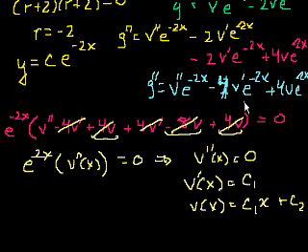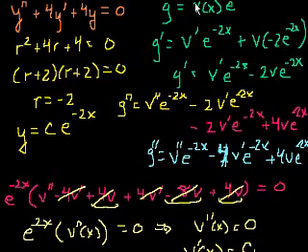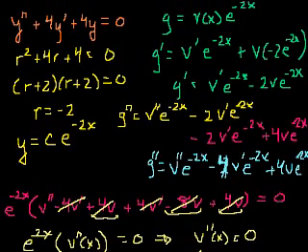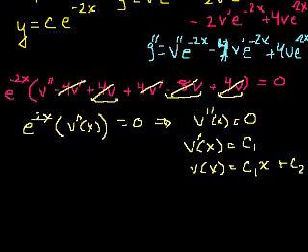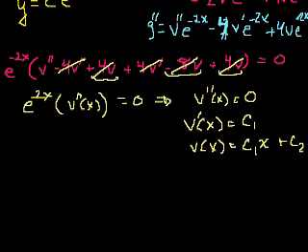Now, remember, what was our guess? Our guess was that our general solution was going to be some arbitrary function v times that first solution we found, e to the minus 2x. And when we actually took that guess and substituted it in, we were able to solve for that v. And we got that v is equal to this. So this is interesting. What is our guess function equal to? It's no longer a guess.